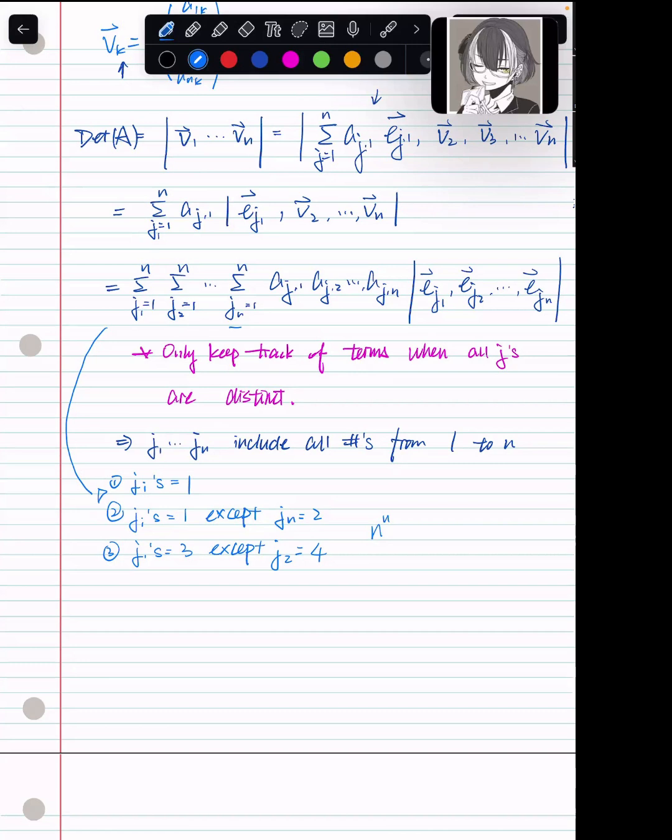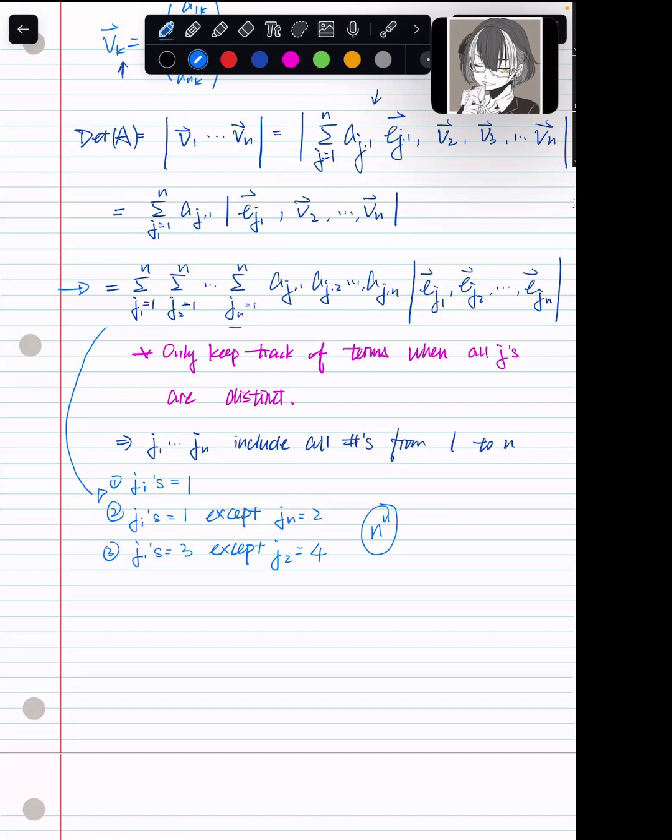Right. This is too crazy, but it is already enough for a computer program to calculate the determinant of any matrix. But if we want to calculate otherwise, we want to reduce it.